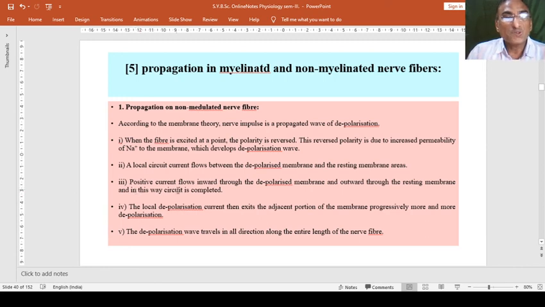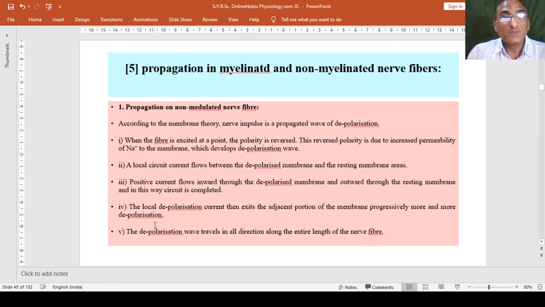Next, positive current flows inwards through the depolarized membrane and outward through the resting membrane, and in this way the circuit is completed. As previously seen, the positive current restores the resting membrane potential by movement of potassium and sodium ions, then the equilibrium is maintained and the action potential is completely carried out.